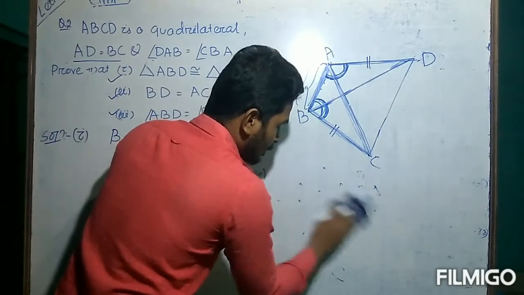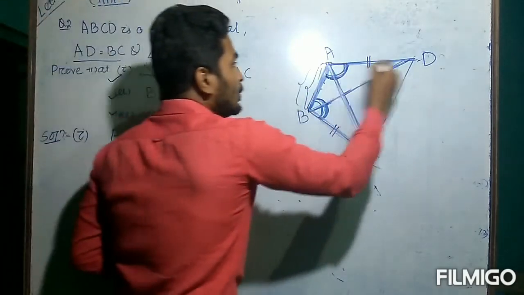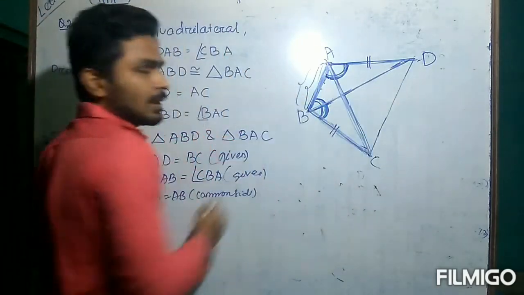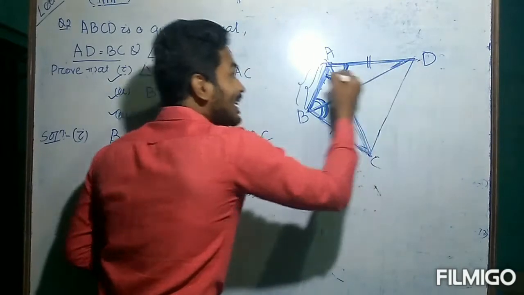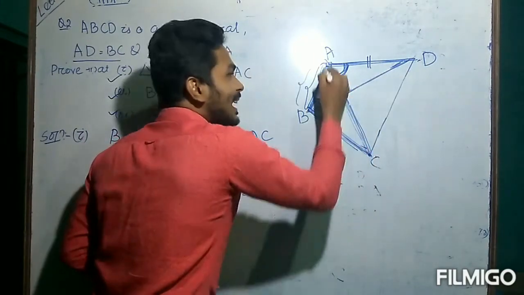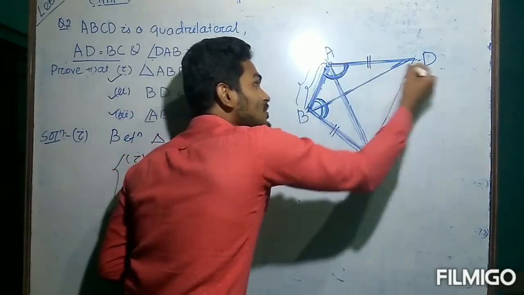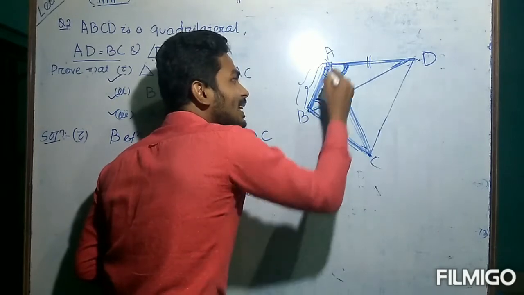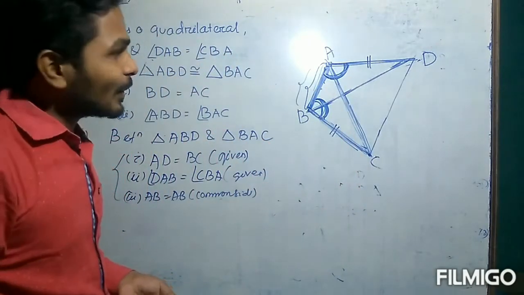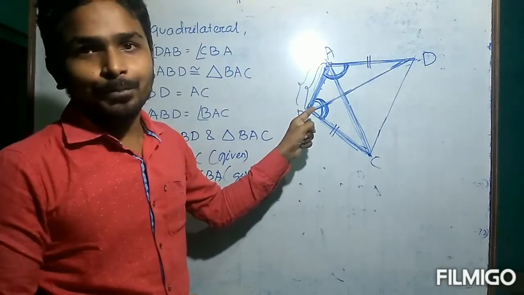Understood? So finally we find that between this triangle and this triangle, this side is equal to, in this triangle, this side, and this included angle of this triangle is equal to the included angle of this triangle. Okay, careful about finding the included angle.